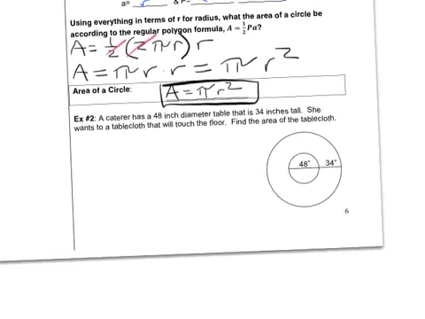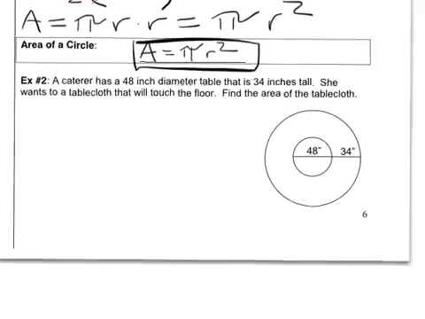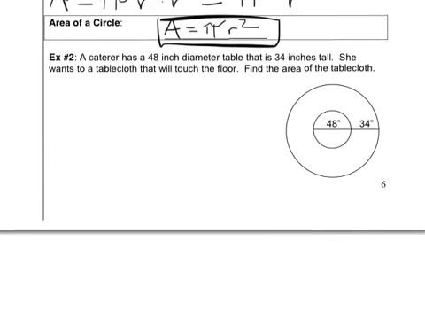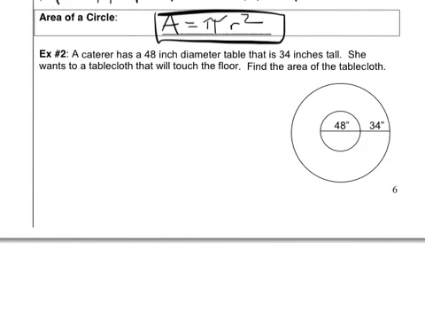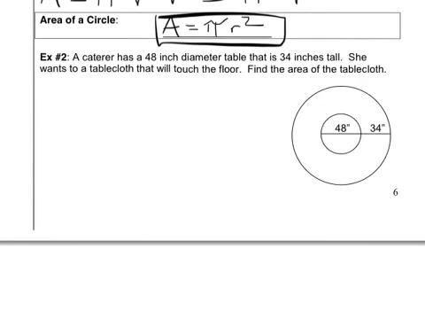So let's do this. Got a problem here. It says a caterer has a 48-inch diameter table that is 34 inches tall. She wants a tablecloth. I guess that little 2 there is a typo. She wants a tablecloth that will touch the floor. Find the area of the tablecloth. Well, that's easy because we have this little formula, so all we really need is the radius.